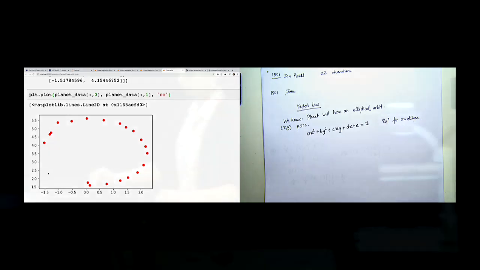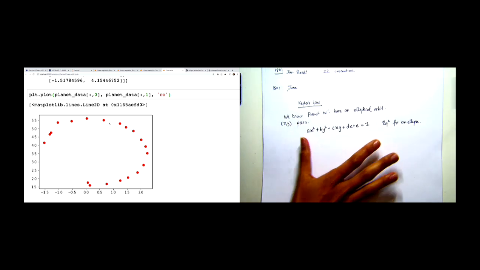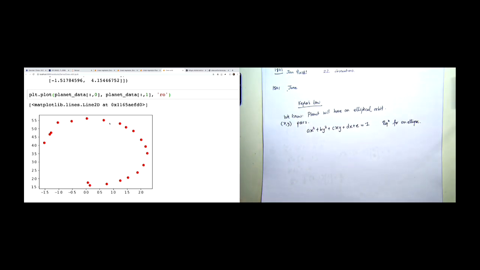Every one of these points, we think, should satisfy this equation. So we have some information. We have this model, effectively, of where we think this data is coming from, and we want to identify what the model is in order to be able to make a prediction.